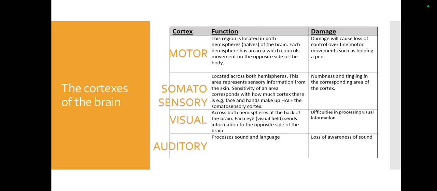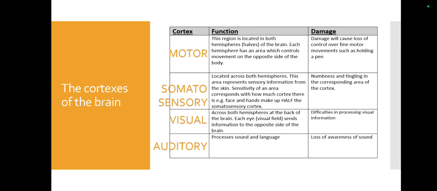The somatosensory cortex is, as we saw, lying adjacent to the motor cortex, okay, so it runs in parallel. It runs across both hemispheres of your brain, so it's a strip that goes right across the top of your brain, and this deals with sensory information.